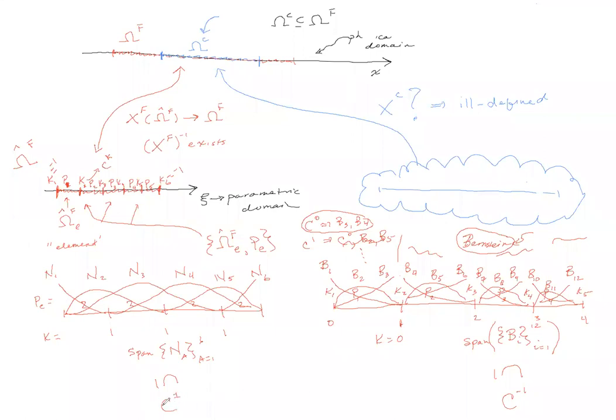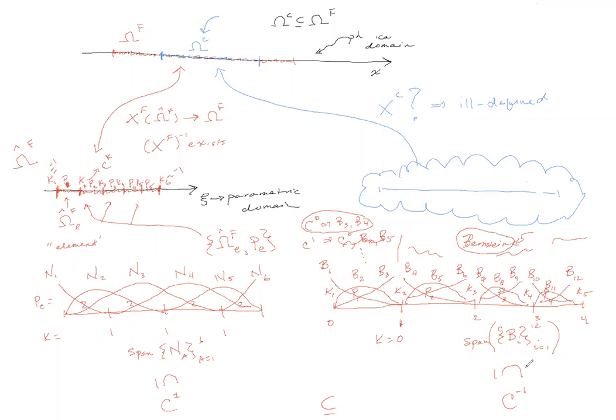Now, what's the relationship between C1 and C to the minus 1? So every C1 function lives in the C minus 1 space, right?